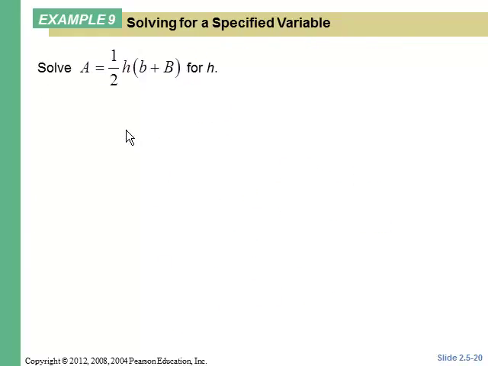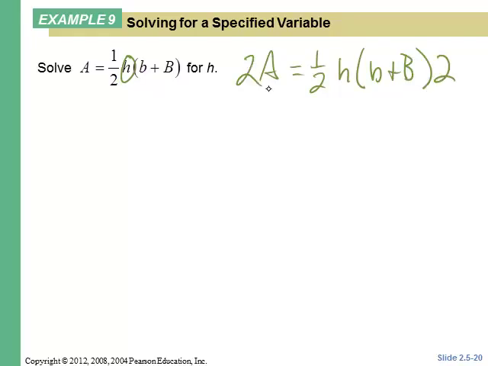Notice this is the exact same problem as the one we just got done with, except they call them lowercase b and capital B, and we want the H all alone though. All right? So the first thing we're going to do, A equals 1/2 H parentheses B plus B, is we're going to multiply both sides by 2, and that'll take care of that.